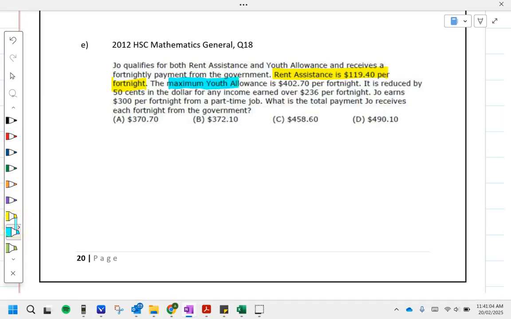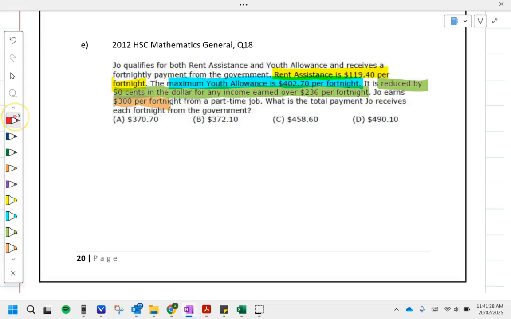The maximum youth allowance is that per fortnight. However, it is reduced by 50 cents in the dollar for any income earned over $236 per fortnight. Joe earns $300 per fortnight from a part-time job. What is the total payment Joe receives each fortnight from the government?